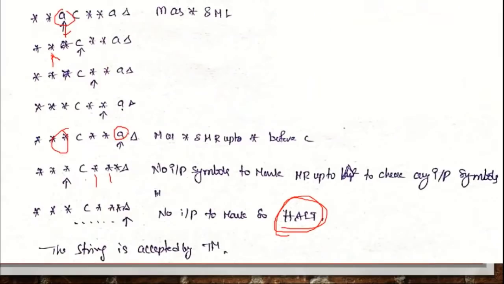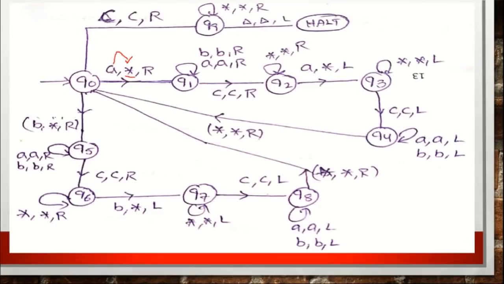So from the initial state, when we read A as input, then mark it with the external symbol star and then move right. Next we read any number of A's and B's, no change, and then move right. Next when we read C as the input, no change and move right.